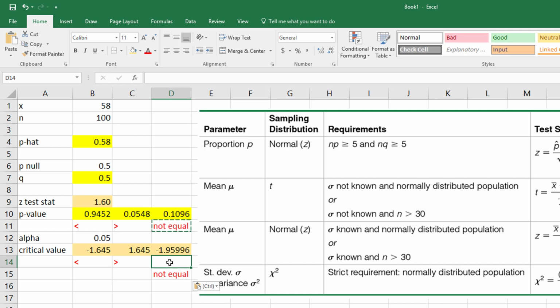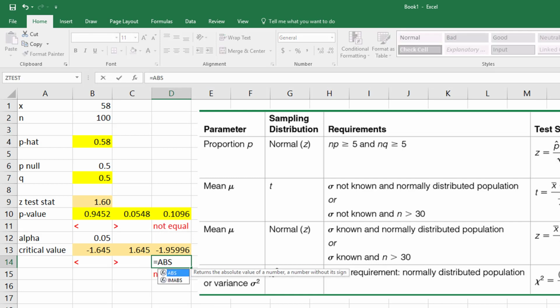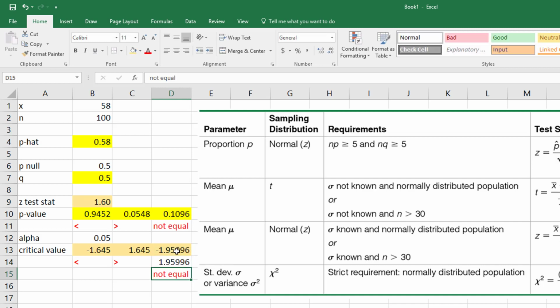So what I could do is say it's the absolute value. Do you remember absolute values in math? It basically says take that number and make it positive. I don't have to do this, but this is to remind me that a not equal cutoff is a left tail and a right tail, and those would be the cutoffs.